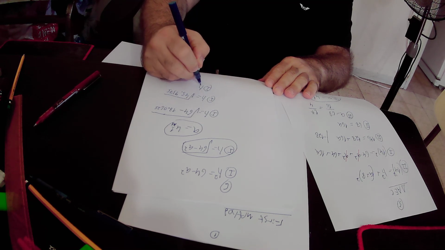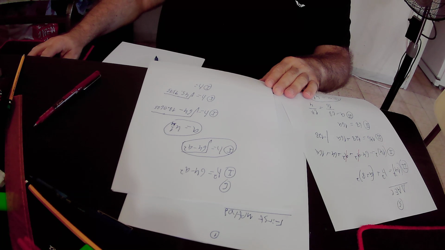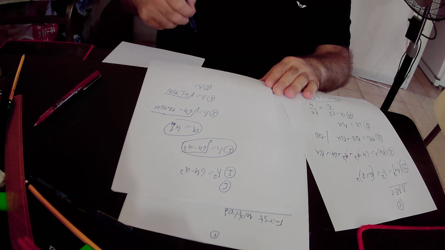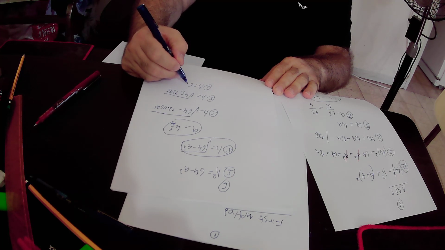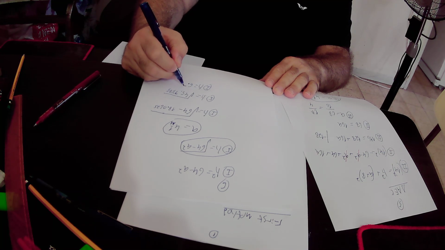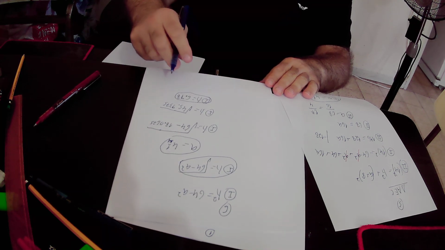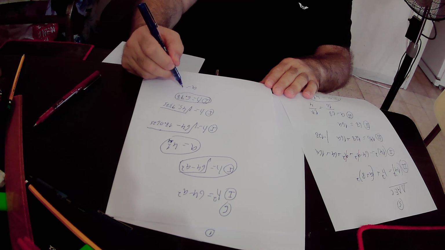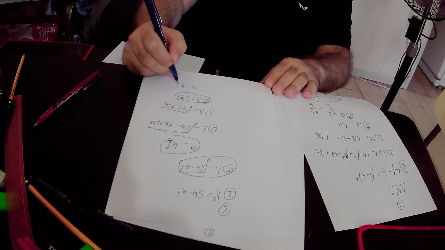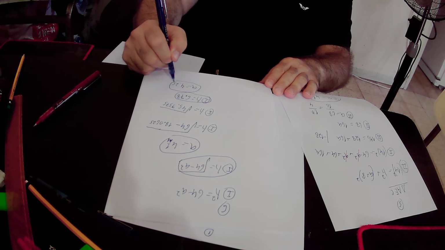So h equals 6.78. So h equals 6.78 and a equals 4.25 units.